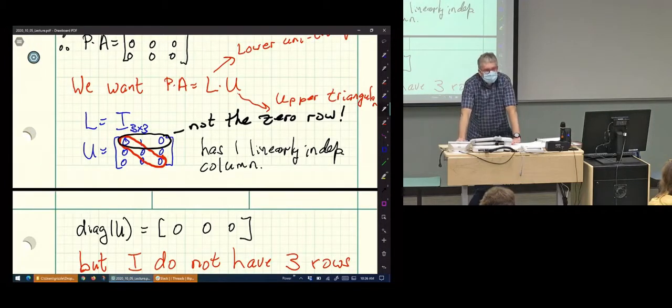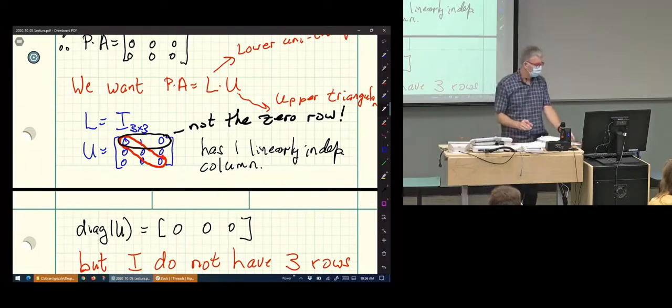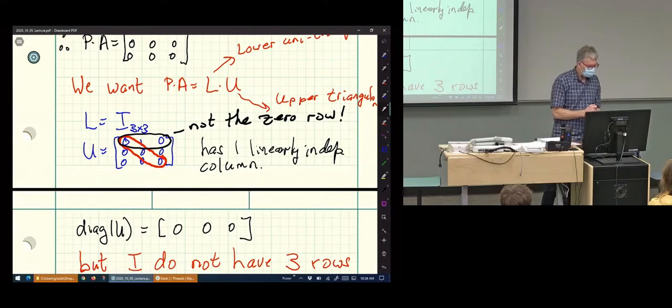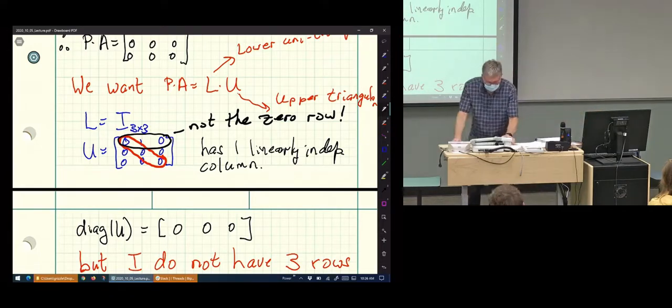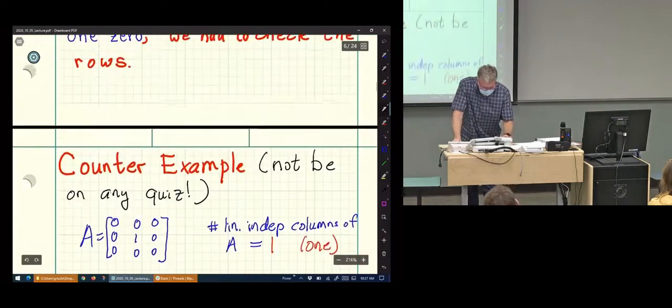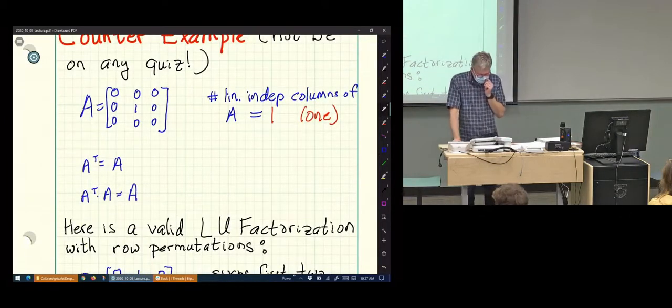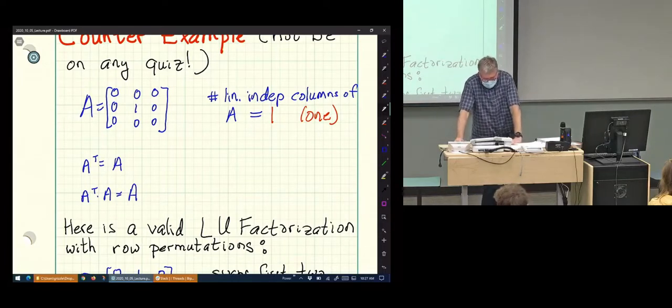Okay, so that's where that fails. Question, yes? So what does it mean to have only one linearly independent column? Well, we have only one linearly independent column. We'll see eventually. We know then if we were looking at AX equals 0, we would not have a unique solution.